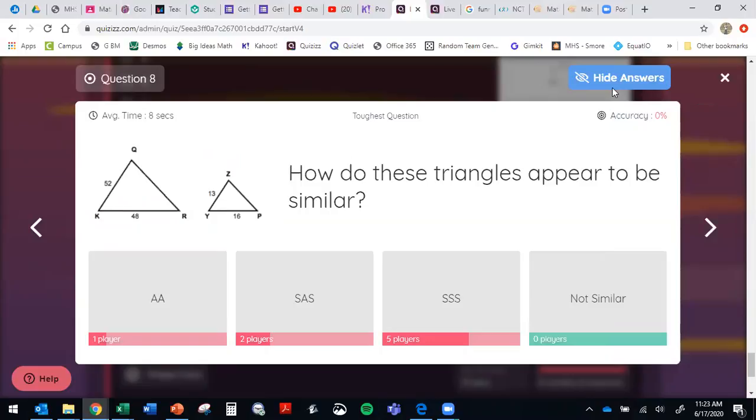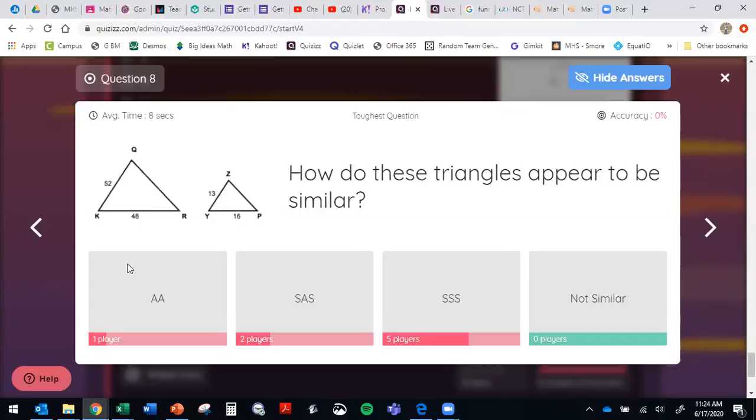If we look at the similarity, you see things like AA, SAS, SSS. A stands for angle and S stands for side. These are three of the ways that we can tell that triangles are similar.